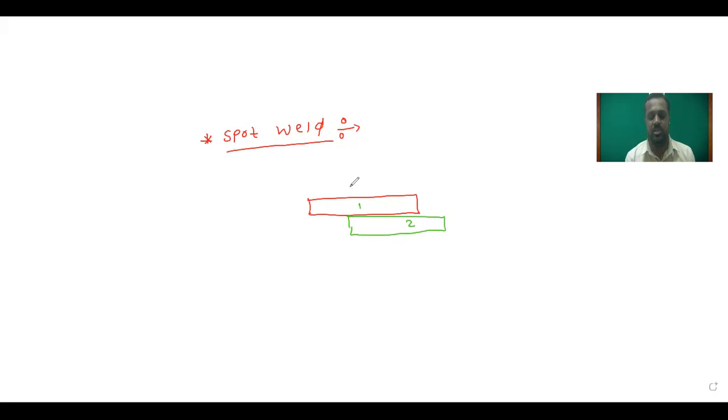Spot means we just have to go to the spot. Suppose there are two electrodes, and in between those two electrodes we place the two plates and press the electrodes. We are giving the spot on this plate. So I will show you the animation of the spot welding.